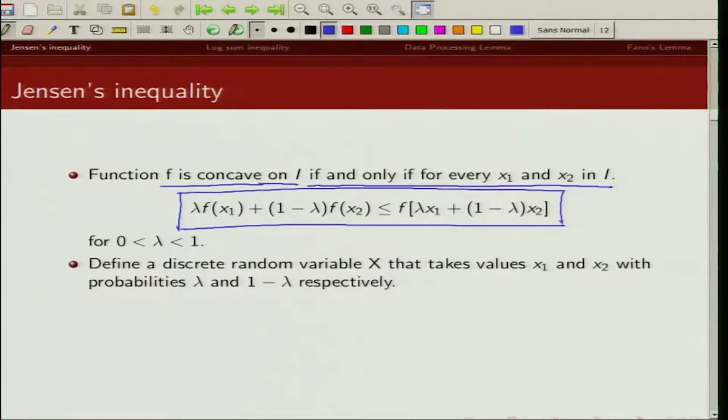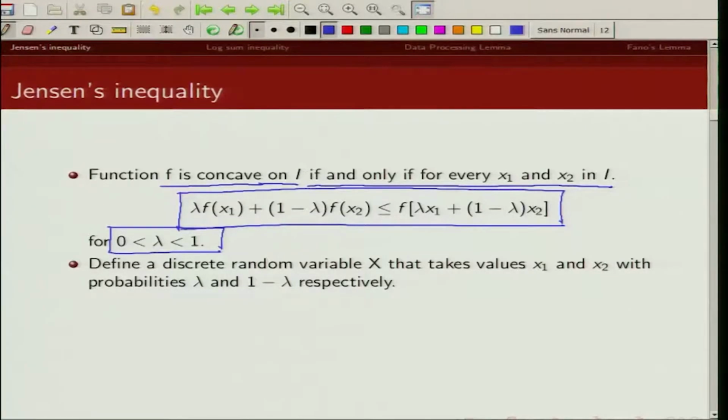What is this? Lambda times f of x1 plus 1 minus lambda times f of x2 should be less than or equal to the function evaluated at lambda times x1 plus 1 minus lambda times x2, where lambda lies between 0 and 1.